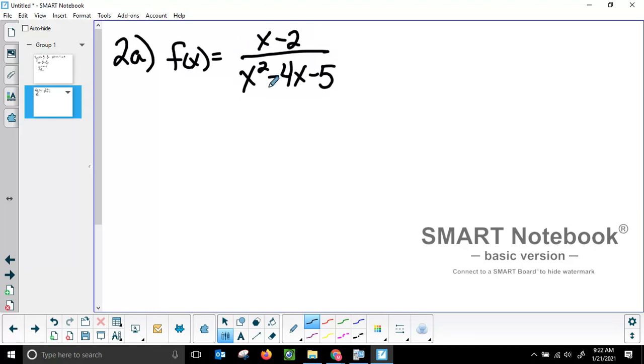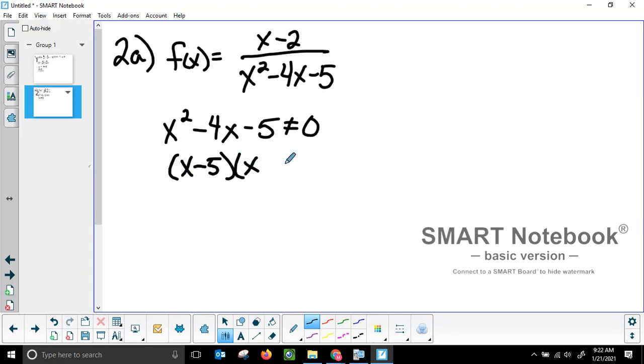Right, this function obviously doesn't have any square roots, but it does have a denominator. So really all we have to do is say, okay, well, whatever is in the denominator cannot equal 0. So we're just going to factor this, and this is x minus 5, x plus 1.